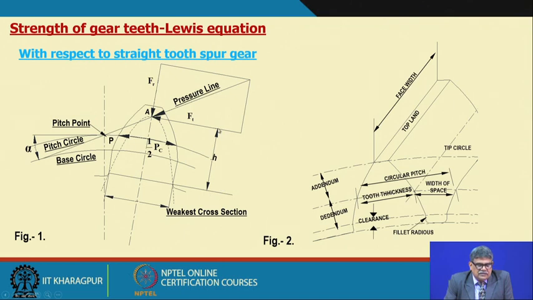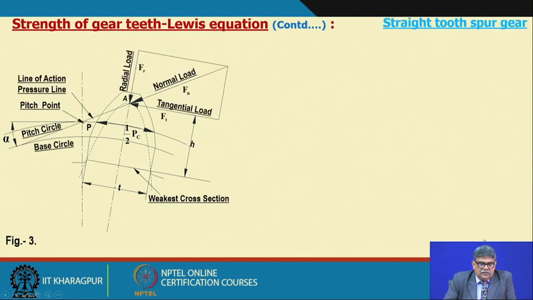This is the tooth height, from the load point A, the top point of loading, to the weakest cross section. As I have shown already, this is the tangential load, this is the normal load and this is the radial load acting at this point.